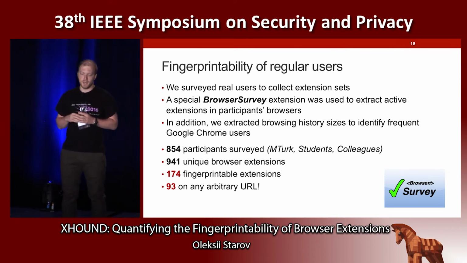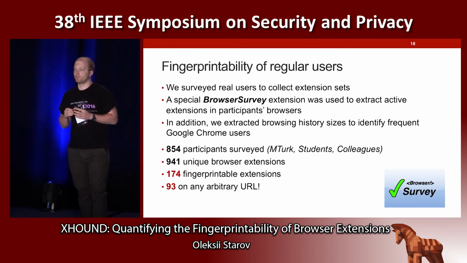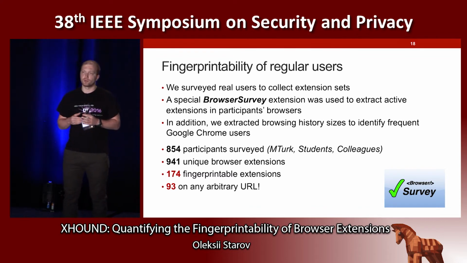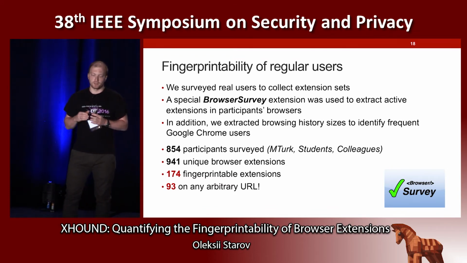So basically, we analyzed 854 browsers of unique participants. Those are Mechanical Turk users, students from Stony Brook University, and also friends and colleagues. Overall, they had 941 unique browser extensions. And out of those, 174 were fingerprintable on at least one URL, and 93 on any arbitrary website.